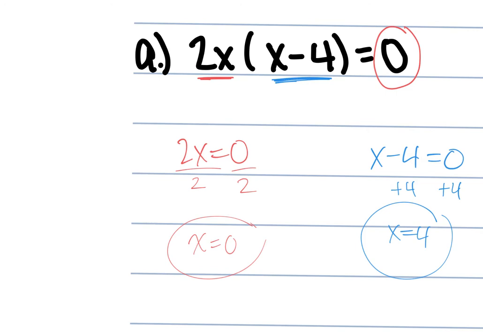They could both be equal to 0, but in this case that won't happen, because there's no x value that would allow both of these to be equal to 0. The only way we can apply this, though, is if it's equal to 0 on one side of the equation. You guys good?